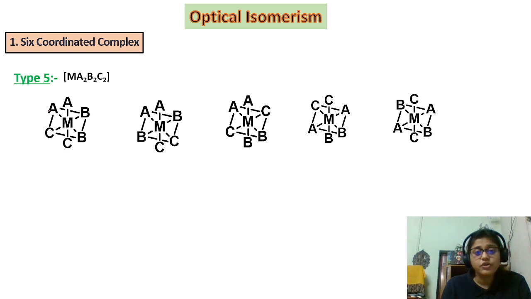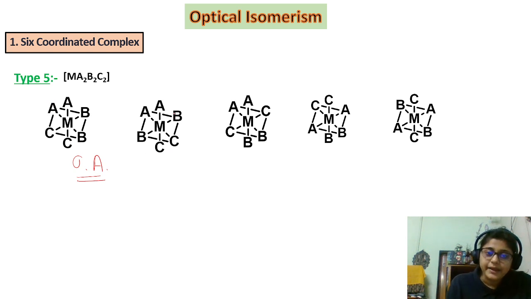This will not be in between these two angles AC and BB. No, it will reflect A and C, it will not happen like that. No, this will be optically active. No plane of symmetry is there, right? If we cut this one also, this will reflect A and B. Not possible.